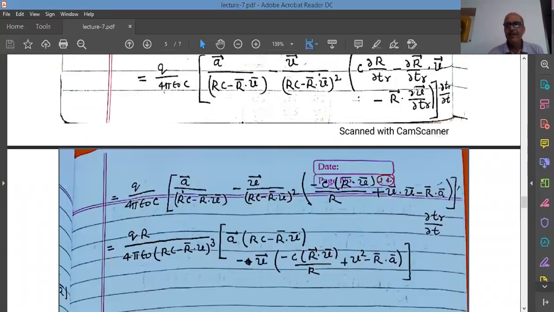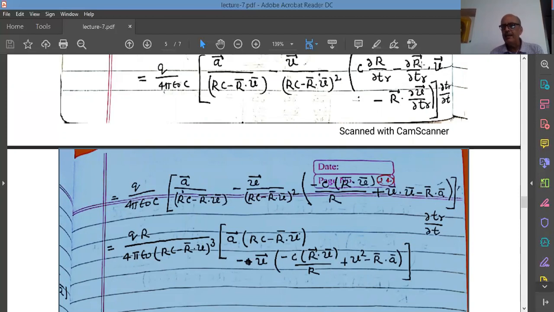This term here, you see that we have minus del R over del TR. What is R? We have vector R here. So vector R is small r vector minus small r dash vector. So if you replace this capital R vector by small r vector minus small r dash vector, the differentiation of del small r over del TR will give us 0, because the point of observation or the field point is fixed. Only the source point is changing its position. So del small r over del TR will be equal to 0.